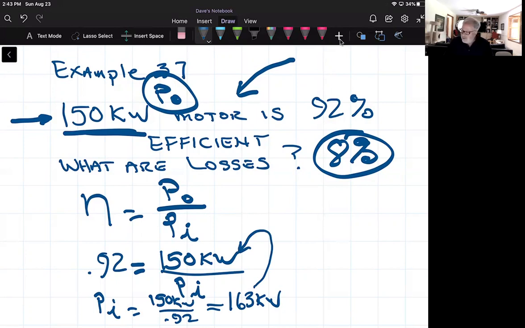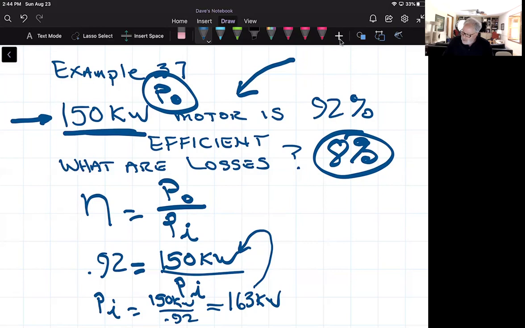So I put 163 kilowatts of electrical energy in, and I got 150 kilowatts of power out from that energy input. Then the question is, what are the losses?